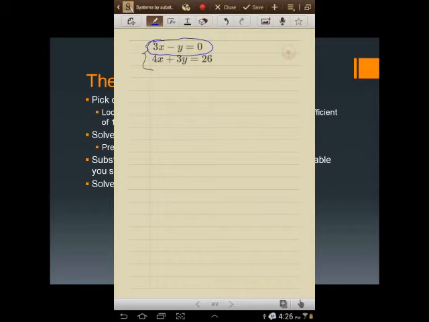This is the variable. It's just a plain old negative y, so we don't have to worry about anything there. I subtracted the 3x to the other side. Divide by negative 1. And whatever y is, it's the same as 3 times whatever x comes out to be.